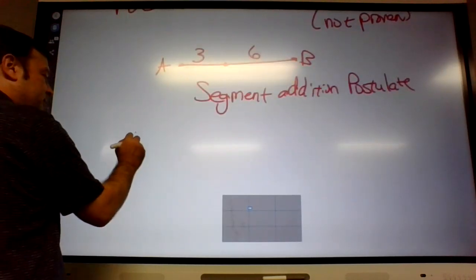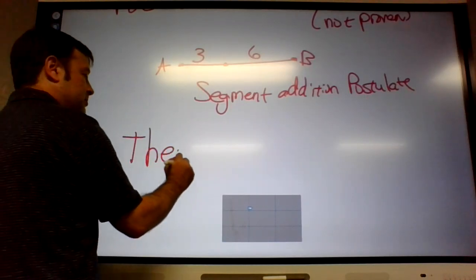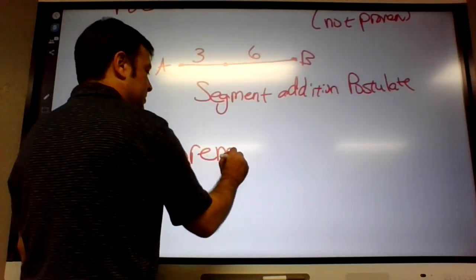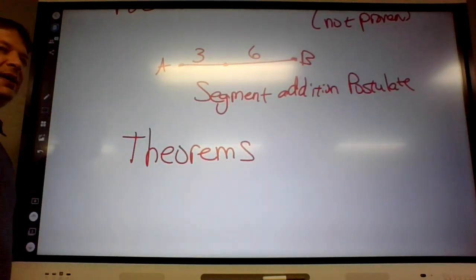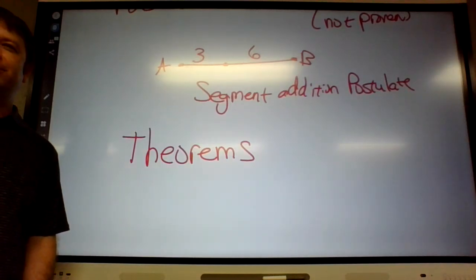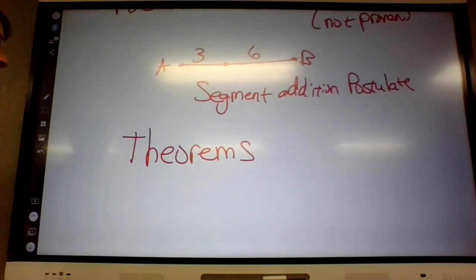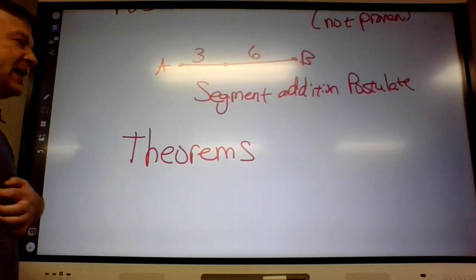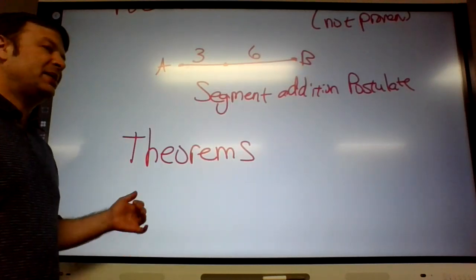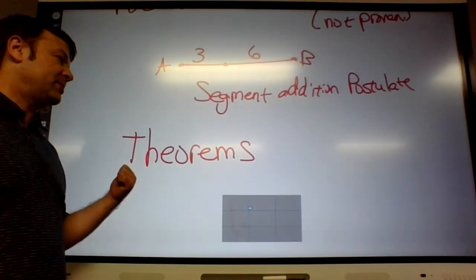Okay. Then after postulates come theorems. Actually, you should all know the name of one very popular theorem. Pythagorean theorem, yeah. Theorems are things that can be proven to be true. They're not necessarily complicated. They can be complicated.